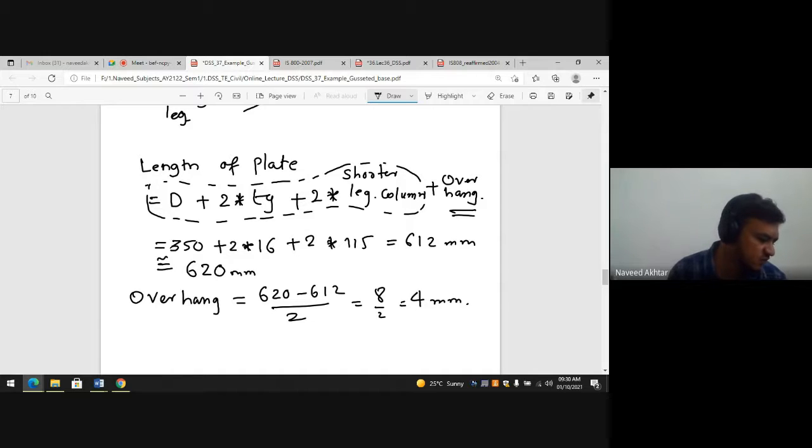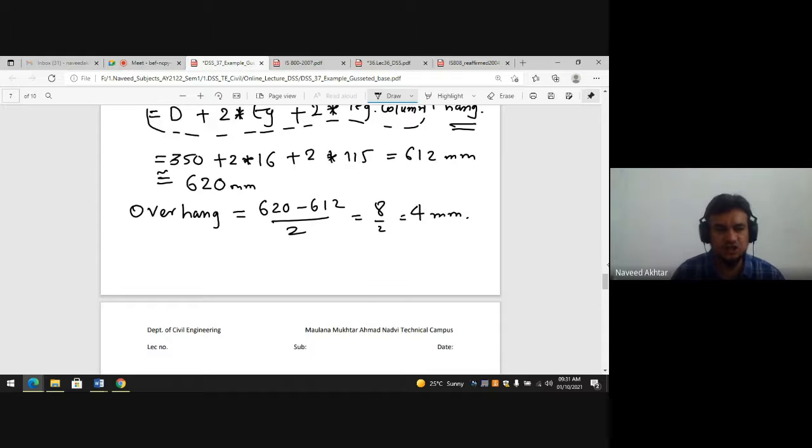Like this we can calculate the overhang, or otherwise you can decide. Now we have calculated the length of plate.